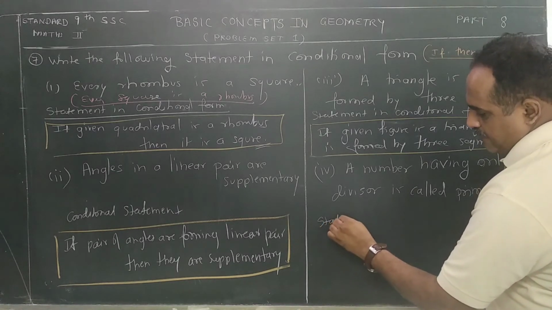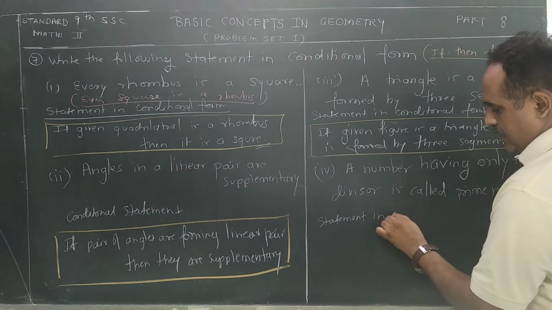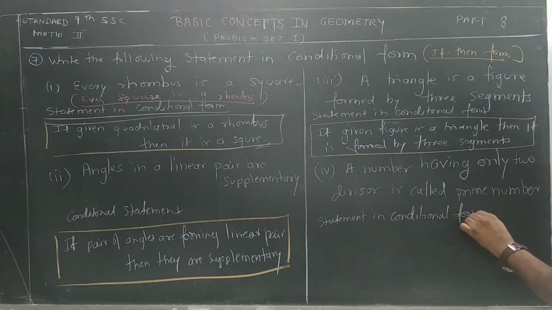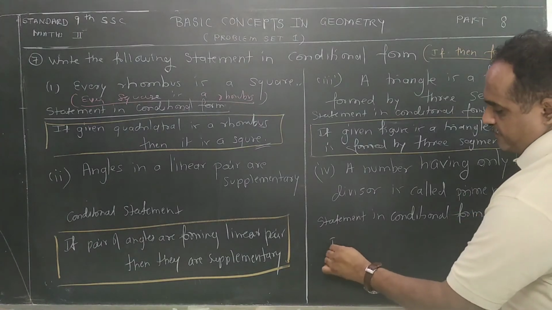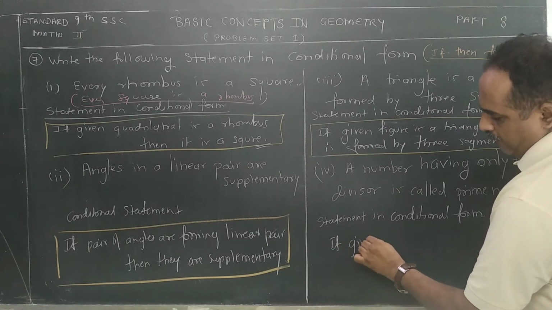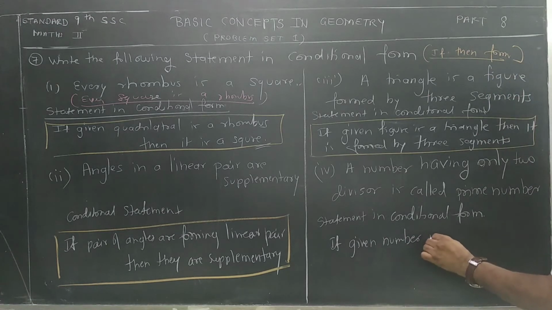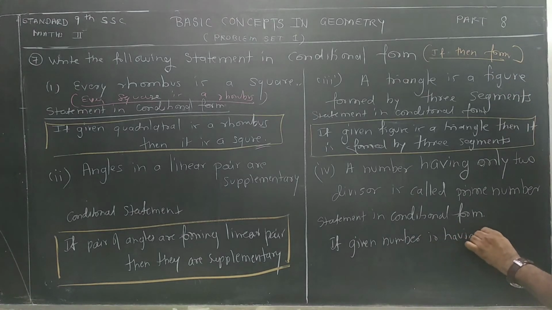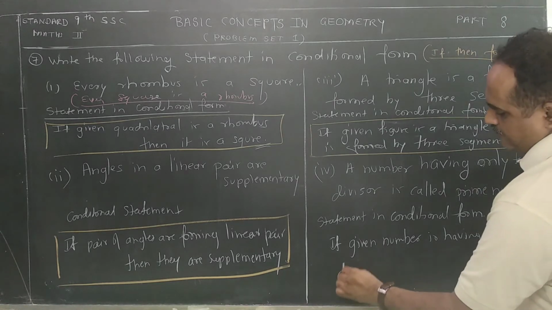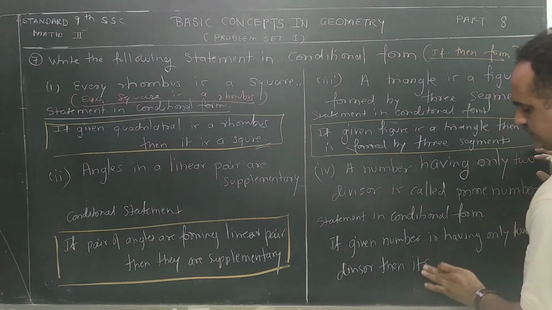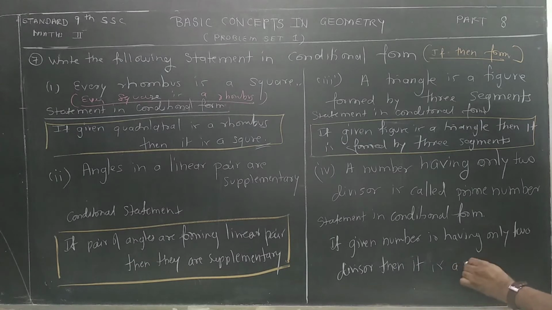Statement in conditional form: if the given number is having only two divisors, then it is a prime number.